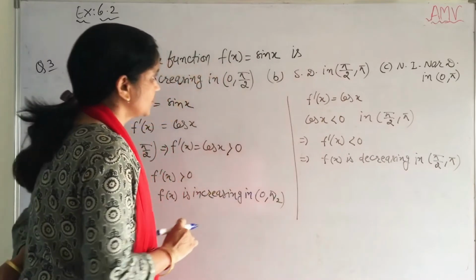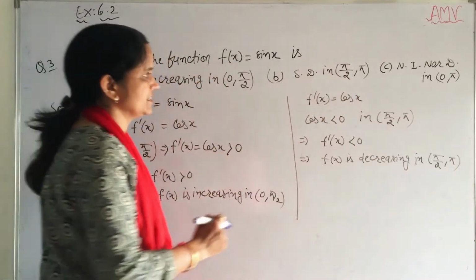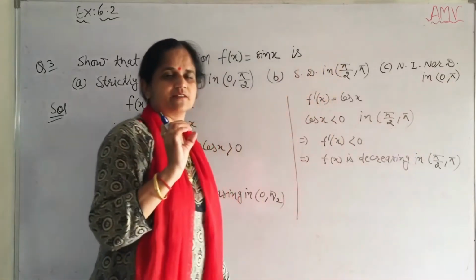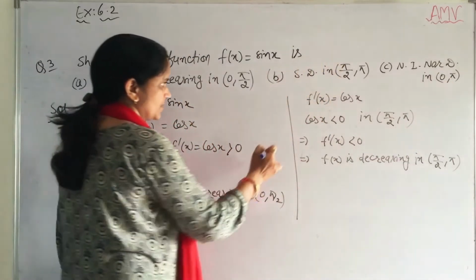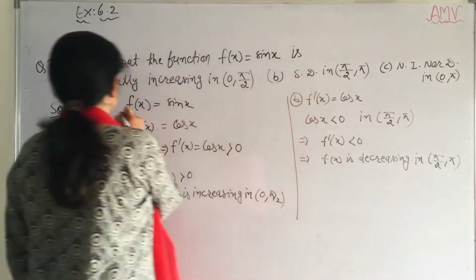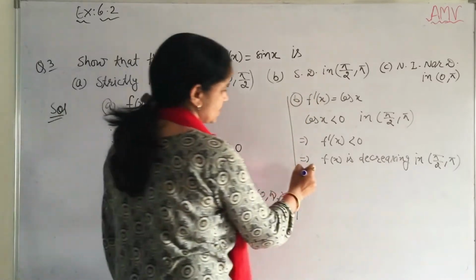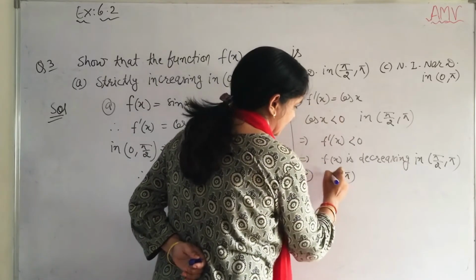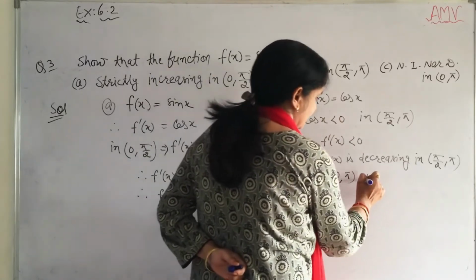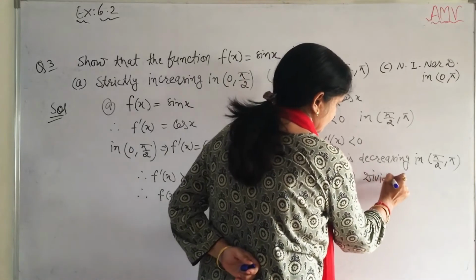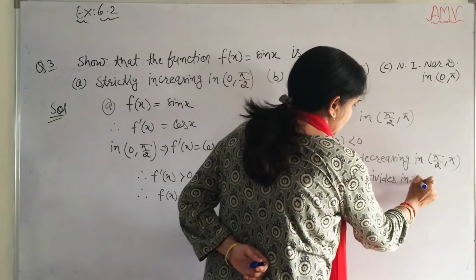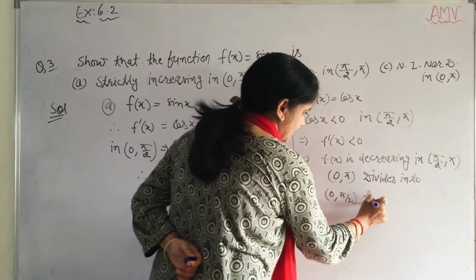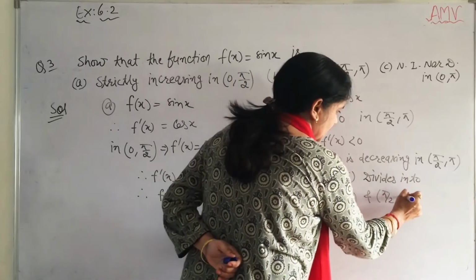For the third part, the function is neither increasing nor decreasing in the interval 0 to pi. So students, the answer for part D is A. And for C, the interval 0 to pi divides into 0 to pi by 2 and pi by 2 to pi.